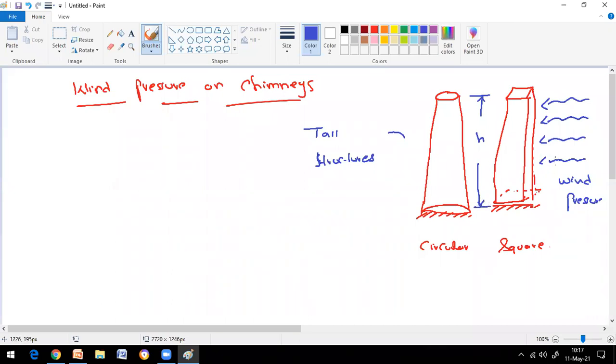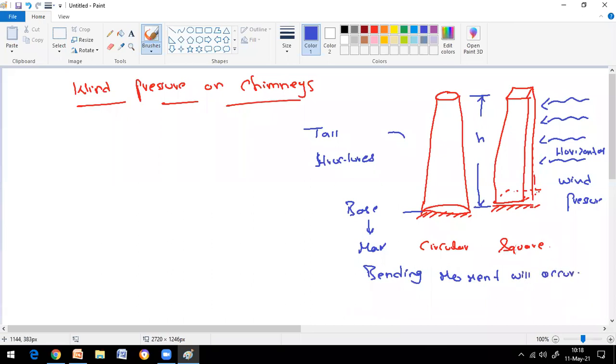Due to this horizontal wind force, the base of the chimney shaft is subjected to bending moment. At the base, the maximum bending moment will occur.